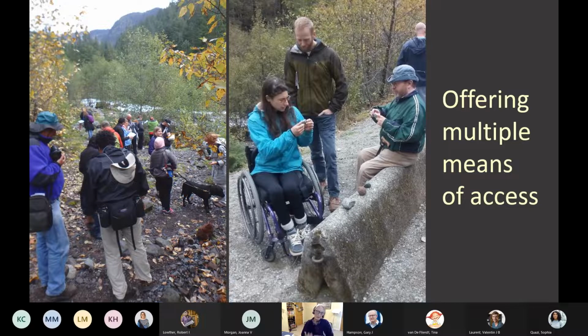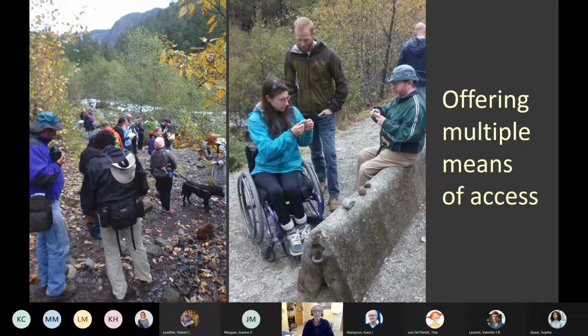So the way that this fieldwork was designed was to offer all of the participants multiple means of accessing the geology. In this particular example, we had the bus parked in a very flat parking area.